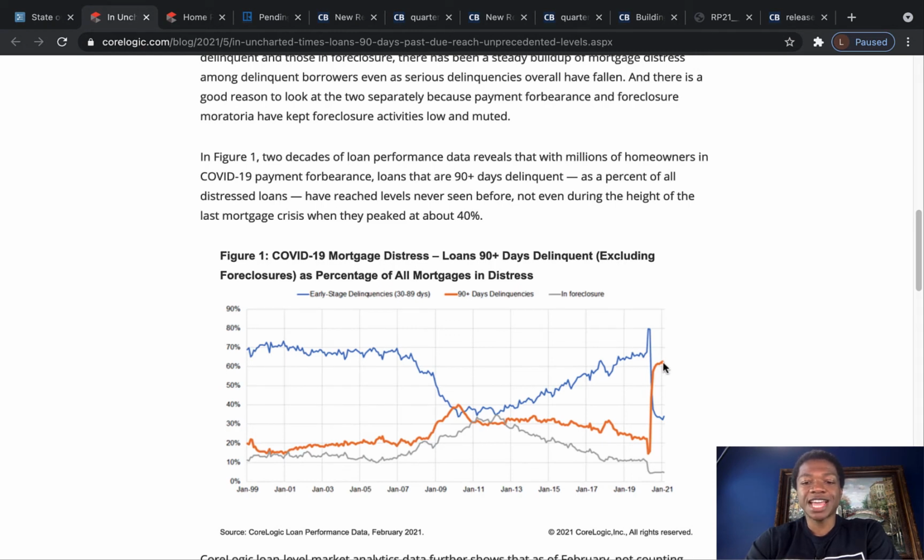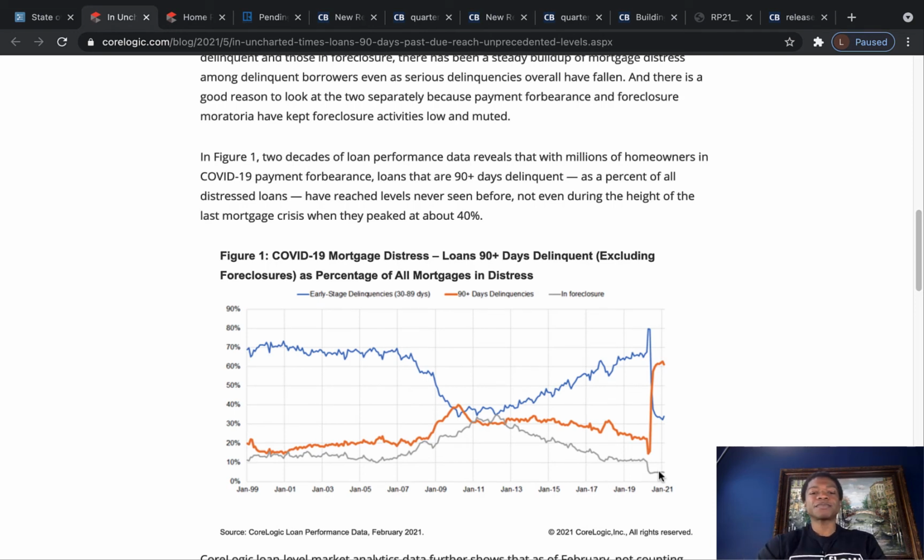And we can see that in that 2020 time frame, once that moratorium on mortgages went into place, the early stage delinquencies just fell off of a cliff. But then people were not paying, and so the 90-day delinquencies just shot right up. But the thing that's different this time is that because of the moratorium, there are no foreclosures. And so we can see that foreclosures are at an all-time low.